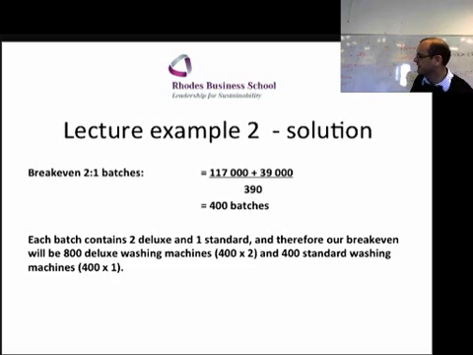Okay, so that is what my break even is going to be. How have I dealt with the common fixed costs? Well, I've combined everything into 1 batch. We create the batch based on our sales mix, and we can go ahead and calculate our break even.